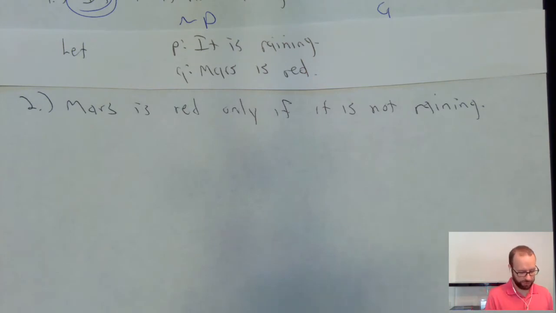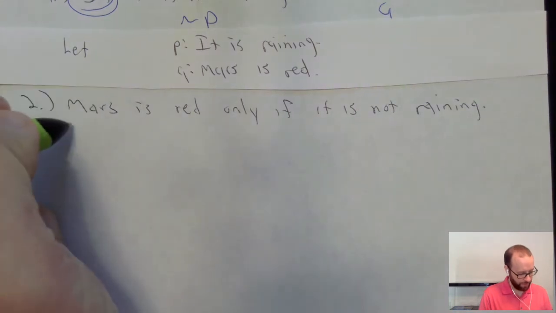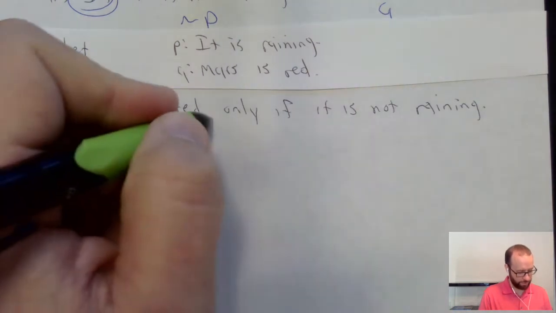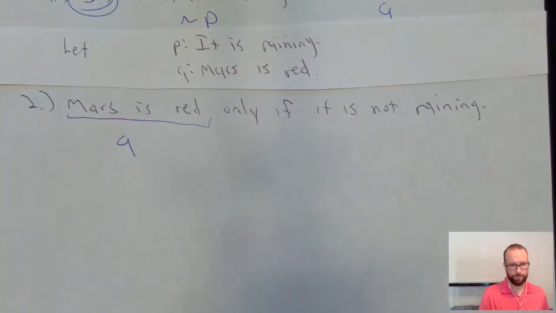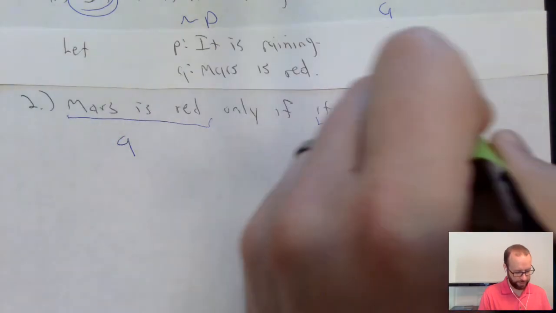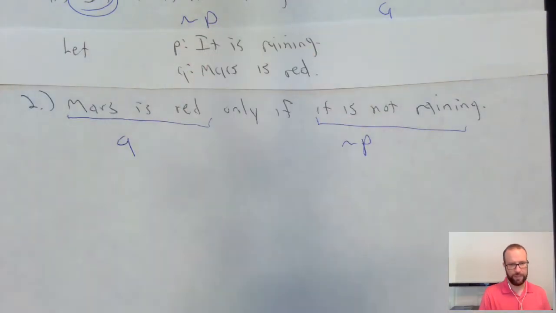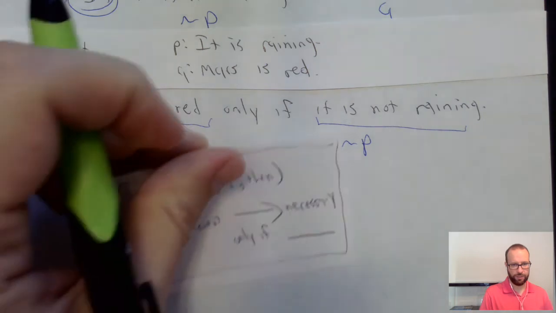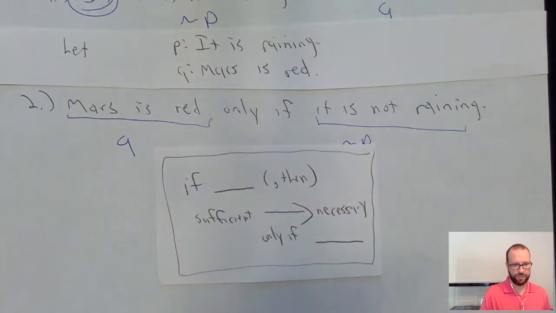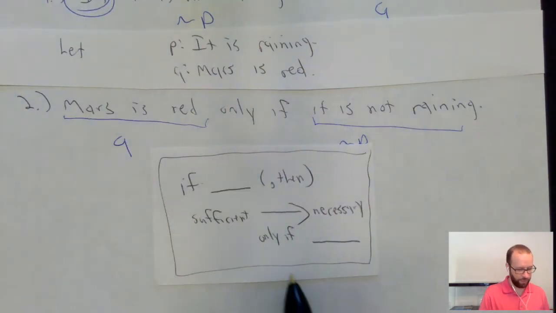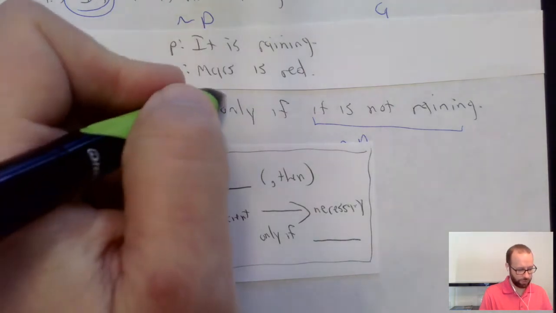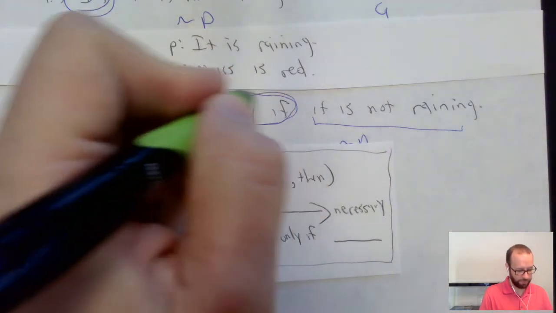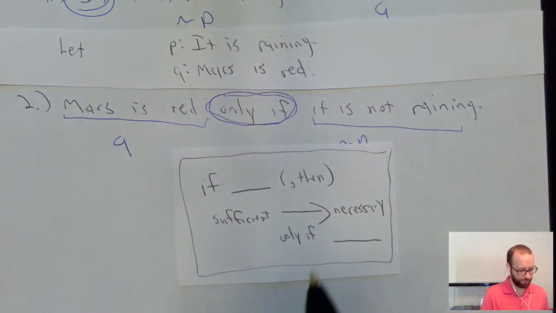Again, let's figure out what our simple statements are, then check our table to see where things go. Let's see. Mars is red is Q. It is not raining should be not P. And now I need to look, what do I see here? Oh, I see only if. Only if is one of our four things to look for.